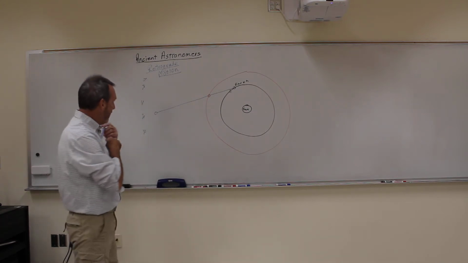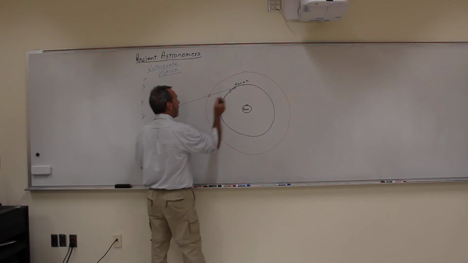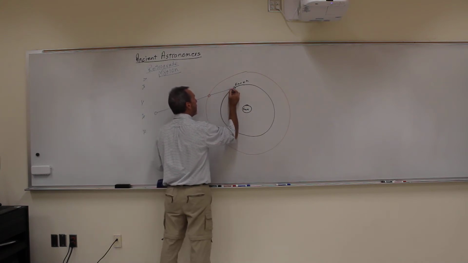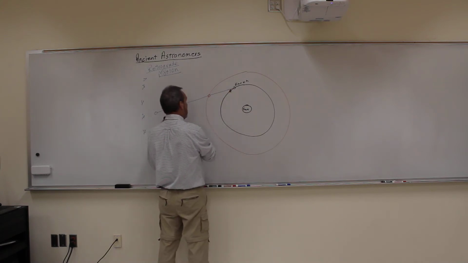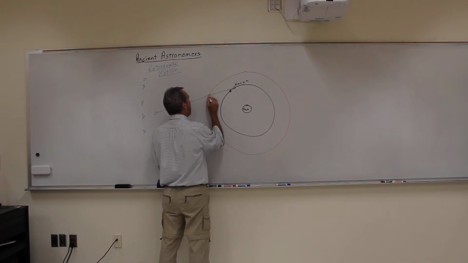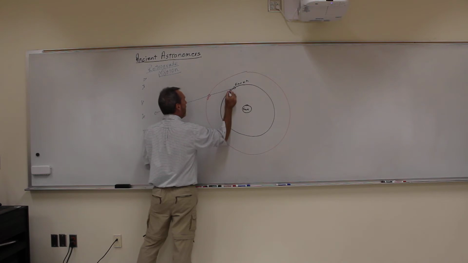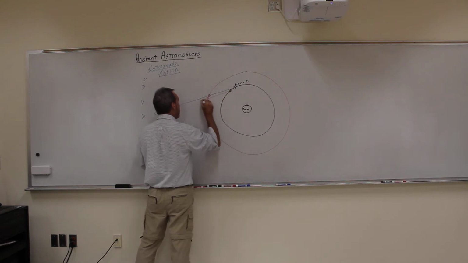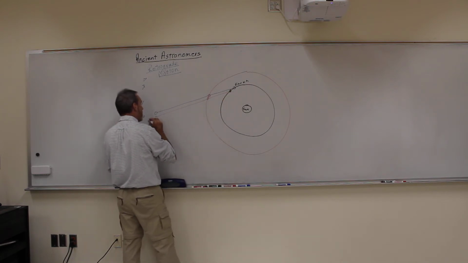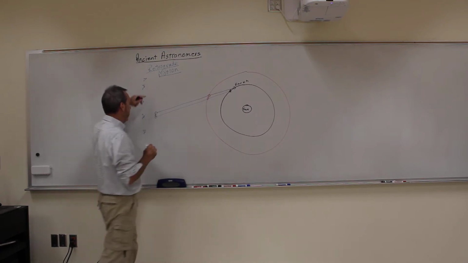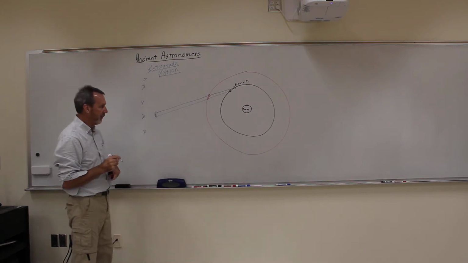Okay? Now, a little time later, the Earth has moved here to this position. And Mars moves about half as far. So what we're going to see is that Mars now appears in our sky to be like this. So Mars is moving in a downward direction in my diagram right here.